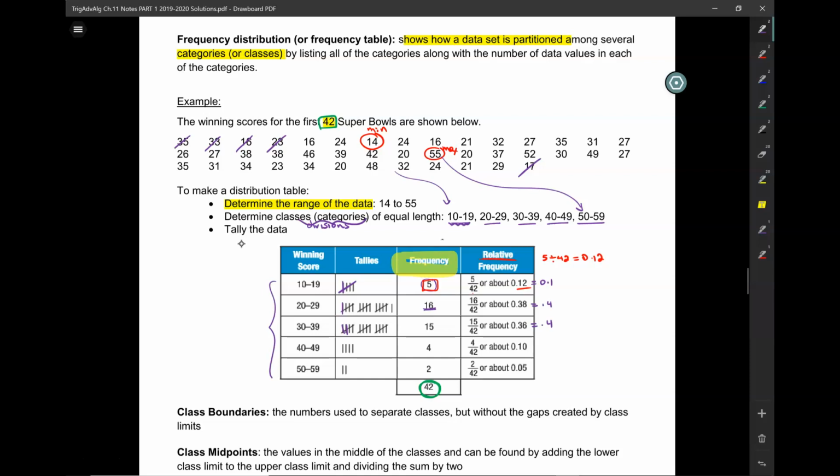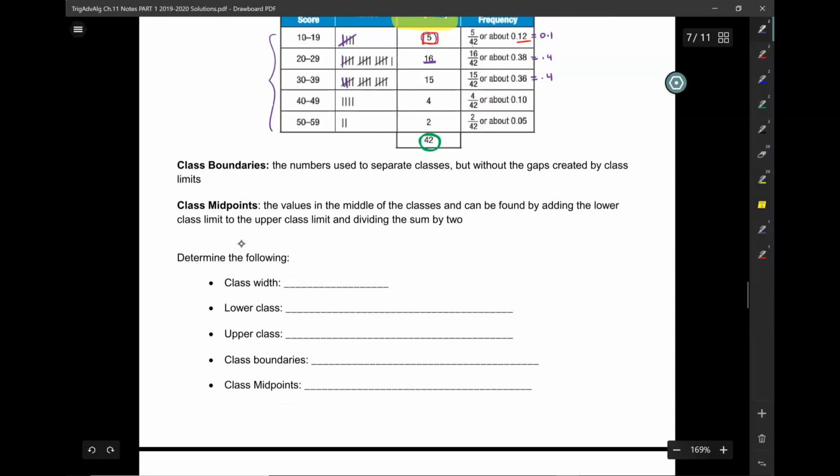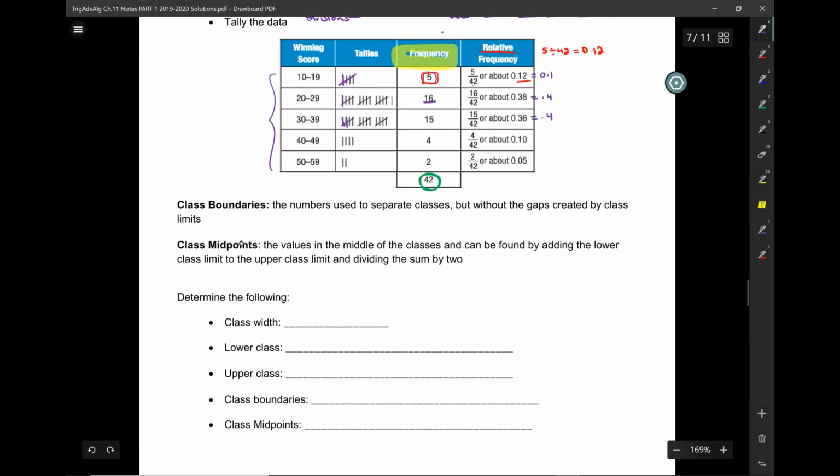All right, so now let's talk about a couple of things. Class boundaries, class midpoints, and all that stuff. Let's just jump here and talk about each of these. Class width is from 10 to 19, right? Like what's the width? There are 10 numbers. So the class width is 10. We made equal divisions of 10.